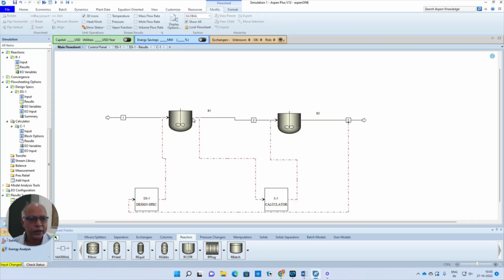It is reading information. The volume of the first reactor is manipulated by the design spec. That value is communicated to the calculator block, and this value of volume is equated to the volume of the second reactor and is exported back to Aspen. Let us see after running this problem.